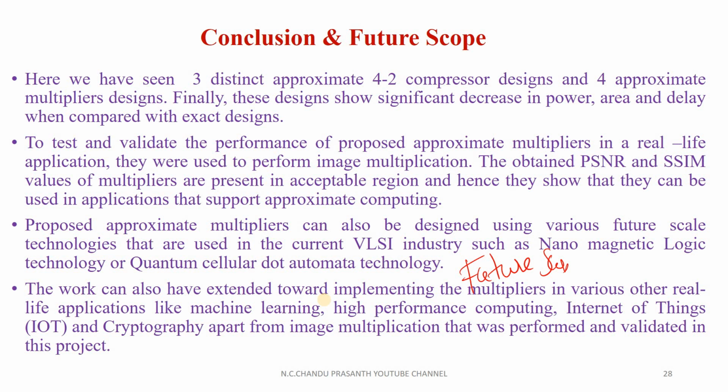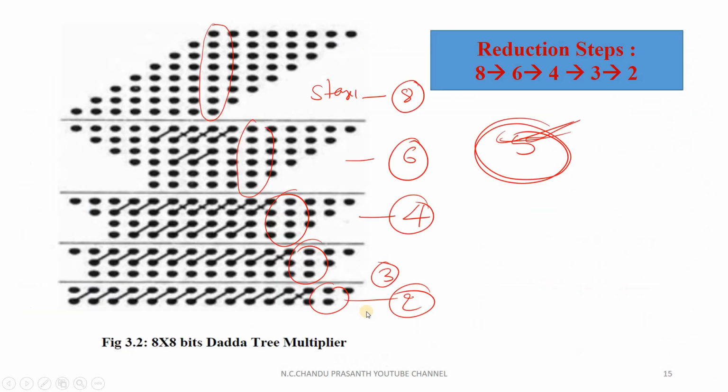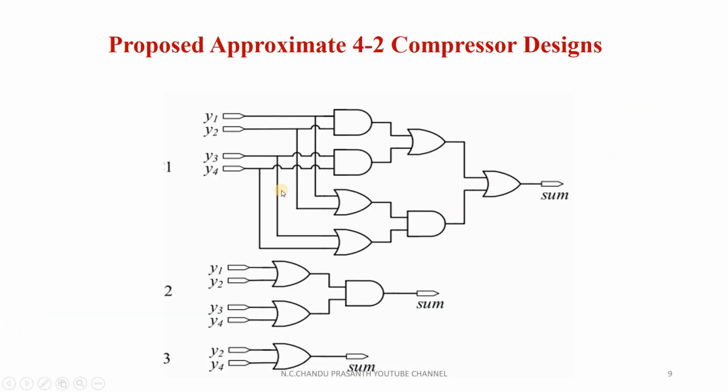So we can get significantly reduced area and power. Here I am proposing these kinds of designs. I am modifying the exact compressor into these types of designs. Here I am using only a particular logic style. We can also modify this design and try, so the area, power and delay can also be reduced. Okay, thank you.